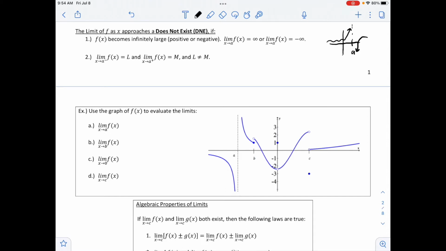2, we can say that the limit as x approaches a from the left is equal to L, whereas the limit as x approaches a from the right approaches M, and L and M are not equal to one another.